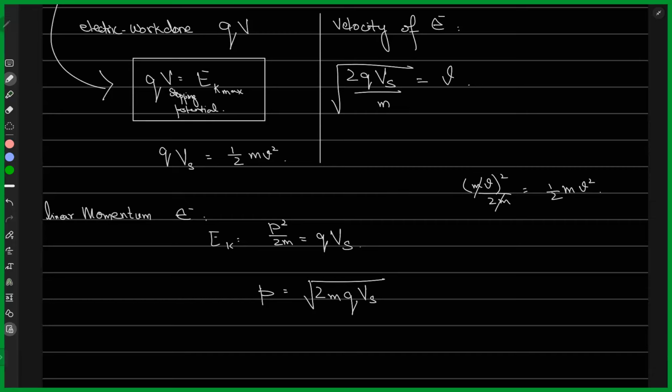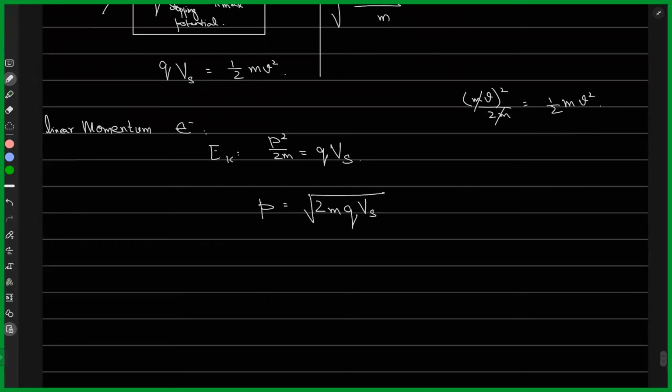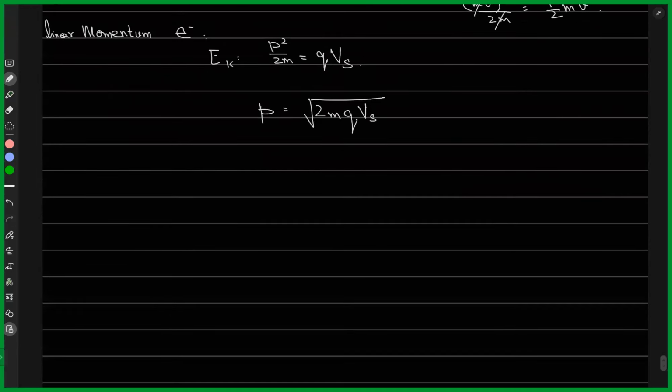Now let's see how this stopping voltage varies as I increase the frequency. Remember, frequency was in our control. There is a specific frequency that we need to provide to get the photoelectric effect, or the emission of the electrons, and that is called the threshold frequency. So let's see how the stopping voltage behaves as the frequency increases.